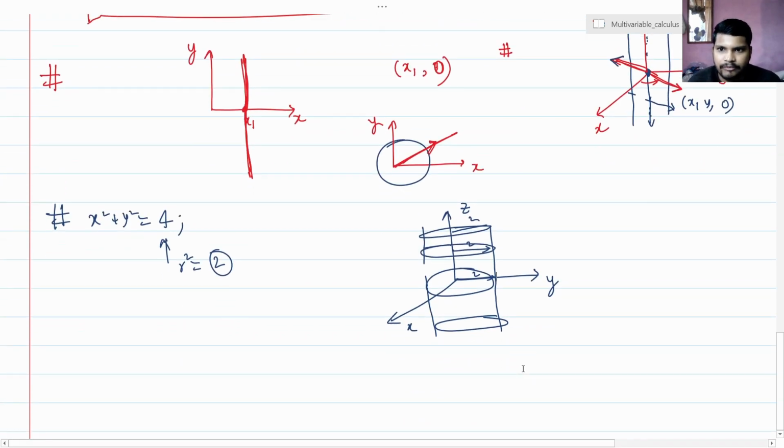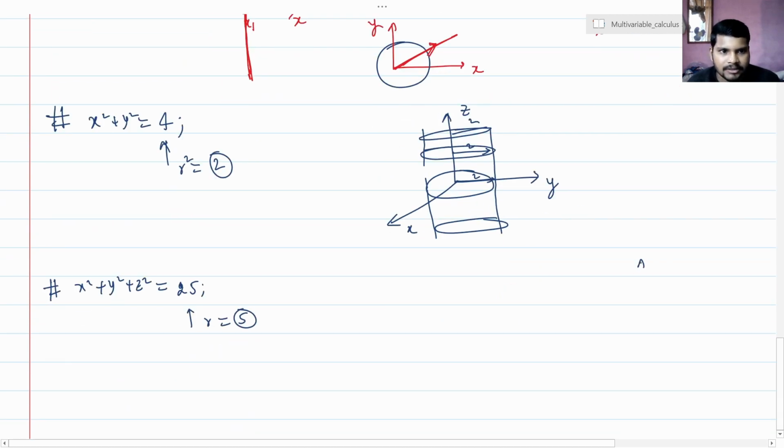Now if you have something like x square plus y square plus z square equal to, let us say, 25, then we have r over here is 5. Since x, y and z everything is there, it means that the distance from the origin is always 5.